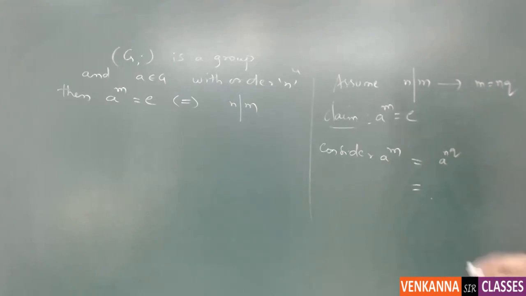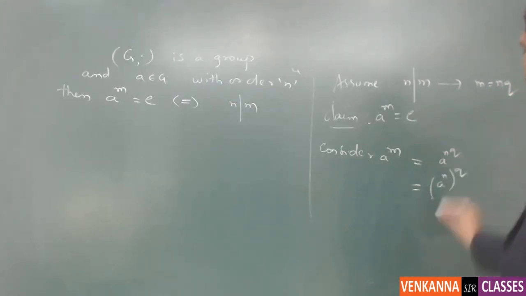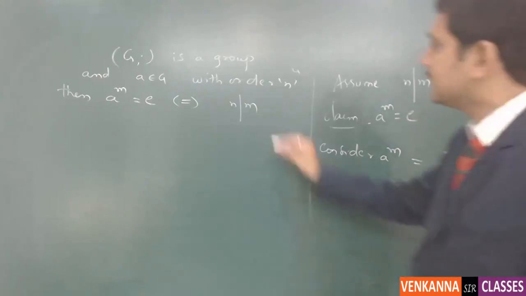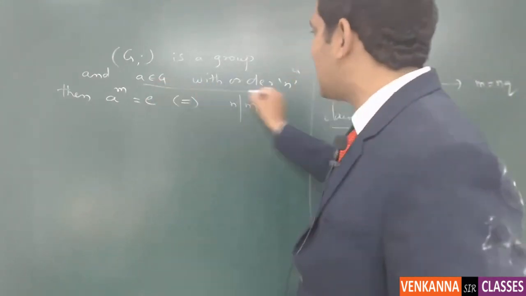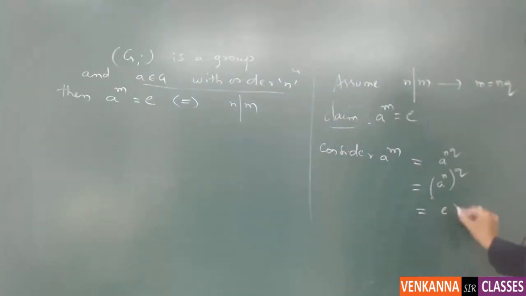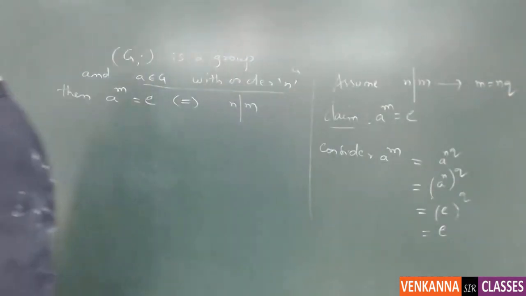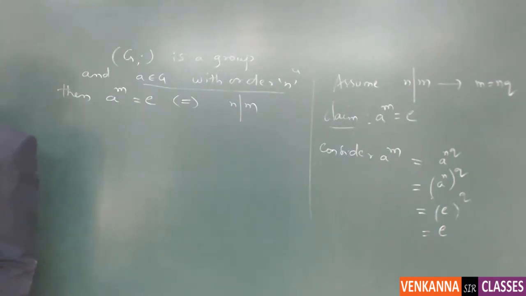So applying this condition, you can write it as a power n whole power q. Since a has order n, it is nothing but identity whole power q. It is nothing but identity. Please check that. How it is proved. Any questions you can ask?